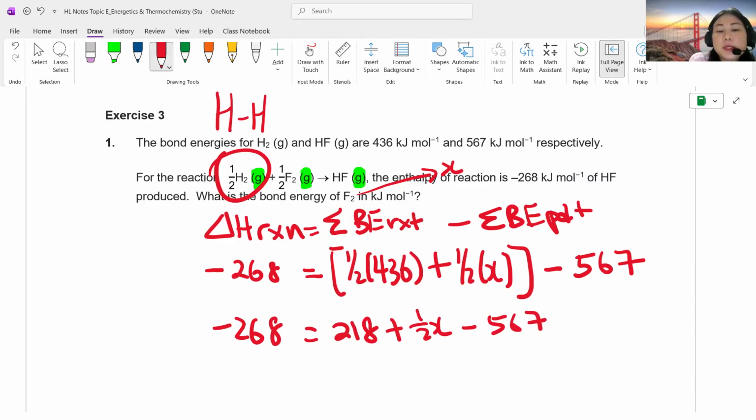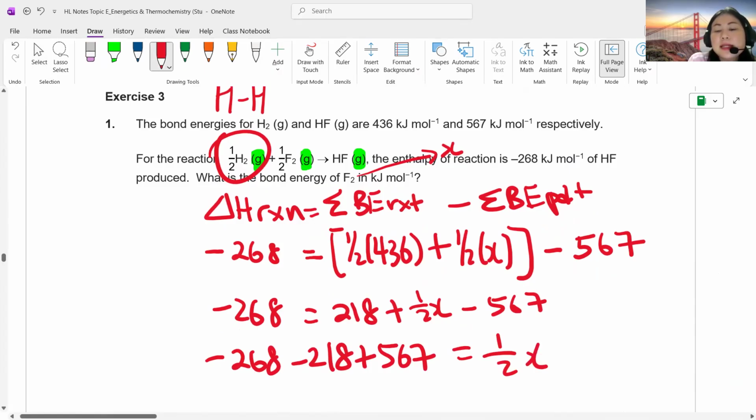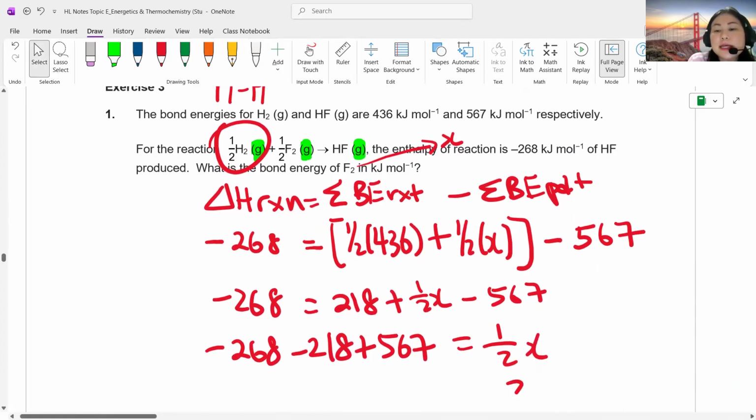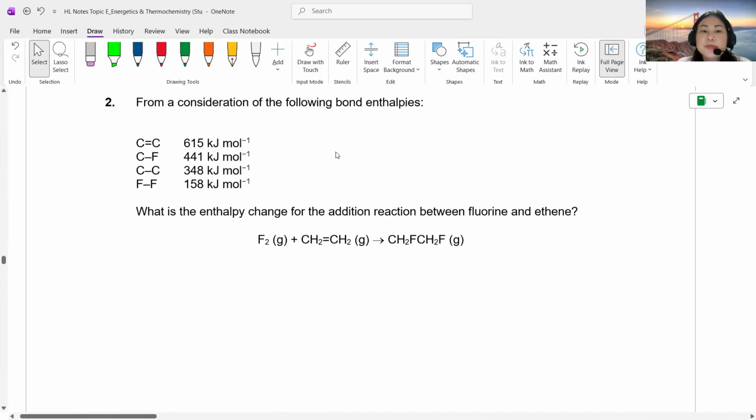So we make X on one side, so minus 268 minus 218 plus 567 is equals to half X. Then you can solve X. So minus 268 minus 218 plus 567, and that is half X, so I times 2. So 162 kilojoules per mole is X. Okay, so I'll try one more.